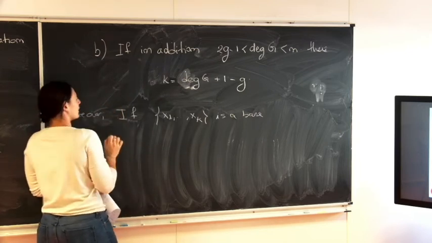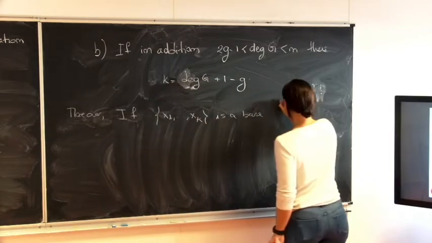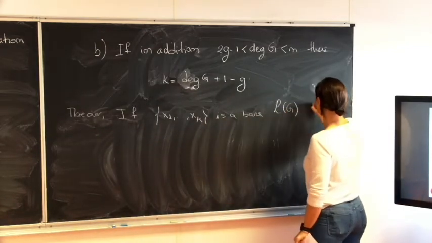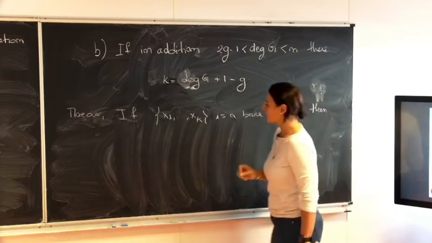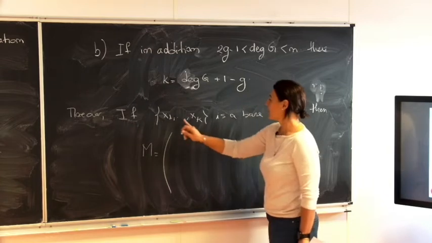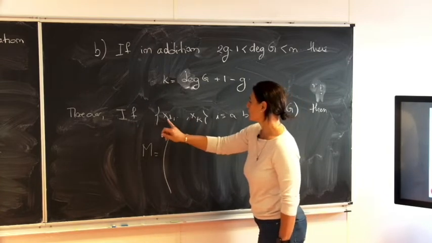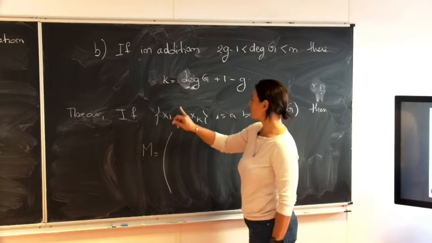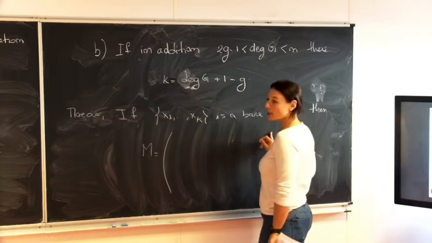Moreover, if this is a basis for L of G, then a generator matrix for the code is obtained by putting all of the evaluations of these functions on the evaluation set.